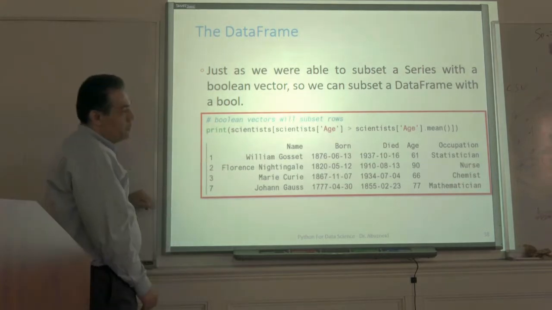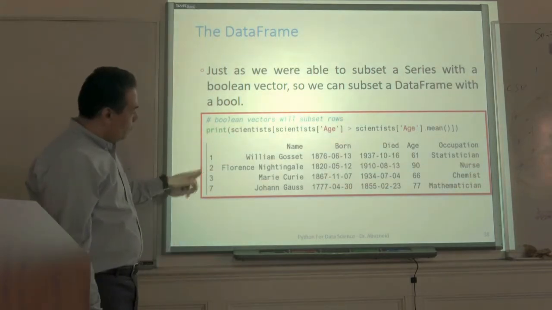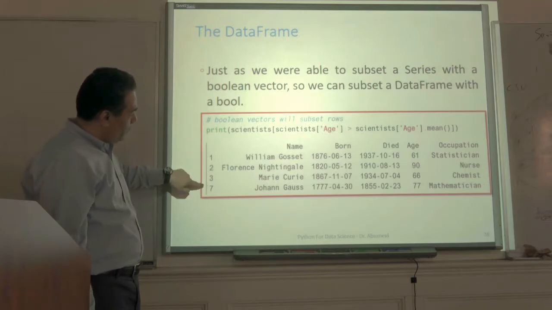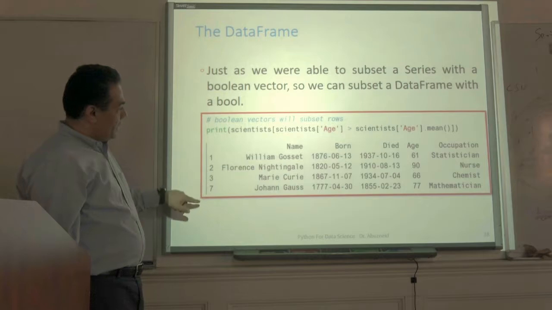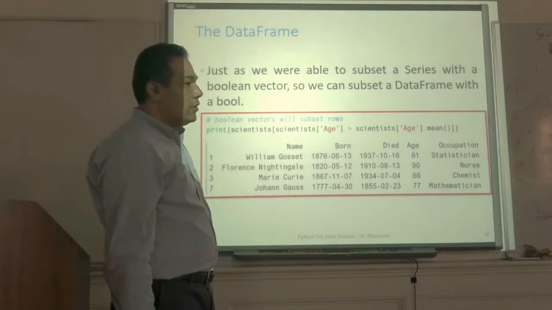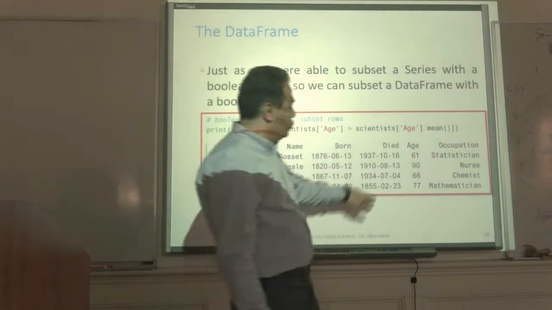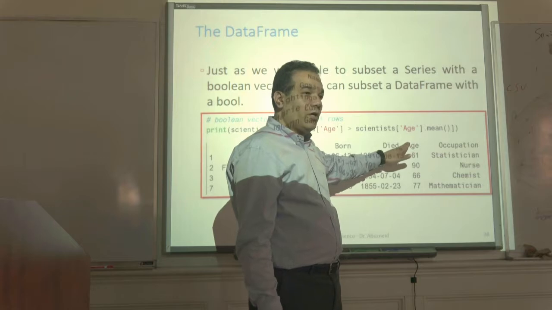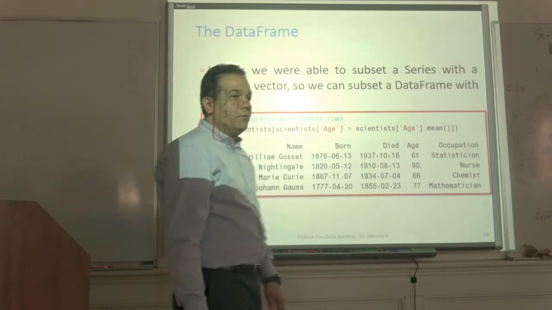And that's what happened. So it printed only the records 1, 2, 3, 4, skipping 4, 5, 0, and 6. It printed all the ages that are above the average: 61, 90, 66, the average being about 59 something.